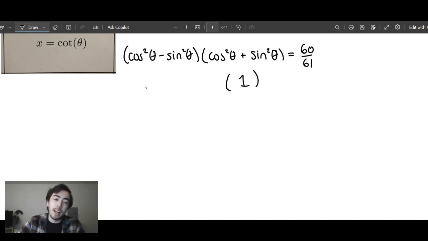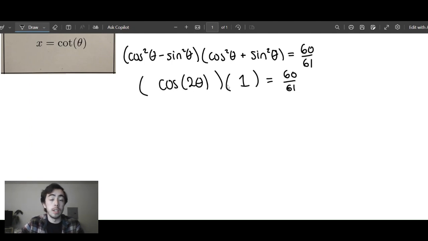I don't have as good of an explanation for the other factor here. This is just something that I learned as a trig identity, as in I just take it as a truth and I don't really question it. I know that cosine squared theta minus sine squared theta is cosine of 2 theta.